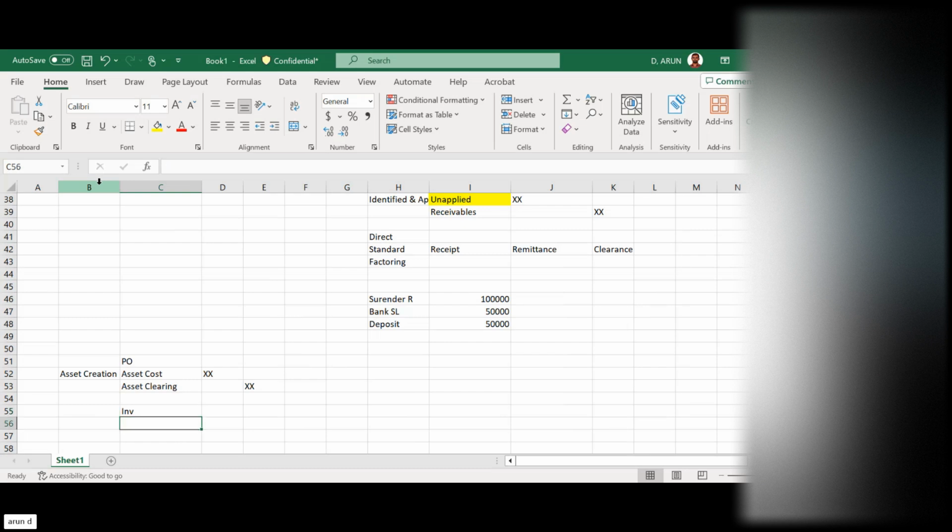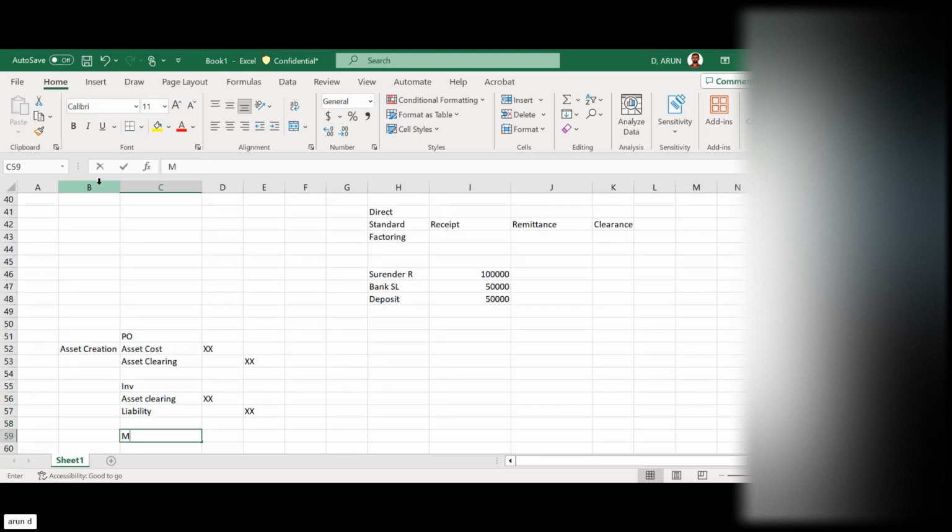So in this case, asset clearing would be my debit account, and then I will have my liability. The payment and the other parts we have already seen. So the liability will get knocked off from the payment entry, but then this clearing account will be knocked off here. Okay, so this is for the invoice based.